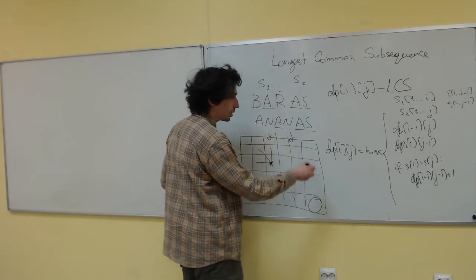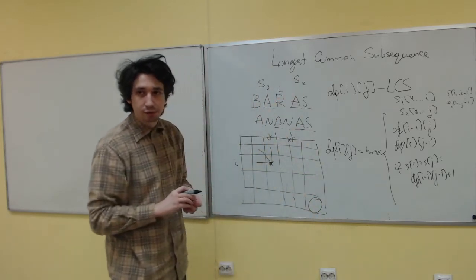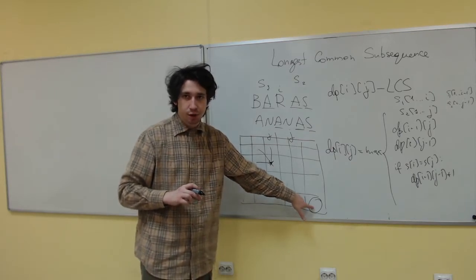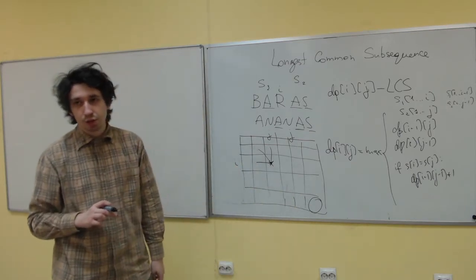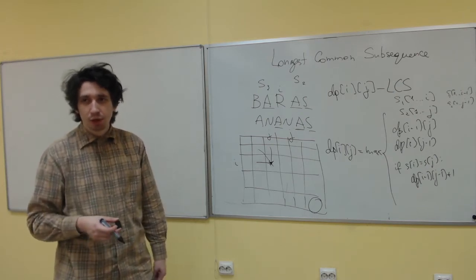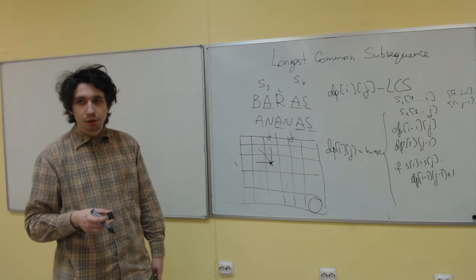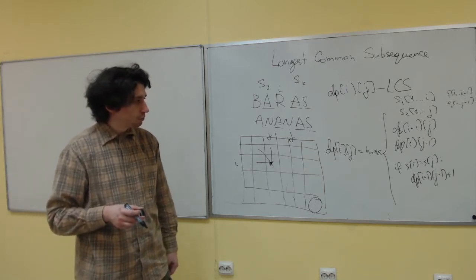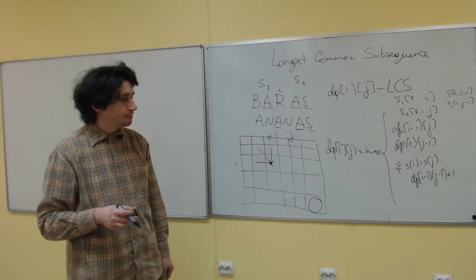But if we want to reconstruct the subsequence itself, how to recalculate? We talked a little bit last time about how to restore the answer. Yeah, I think I forgot how we did it last time. Okay, we stored something.